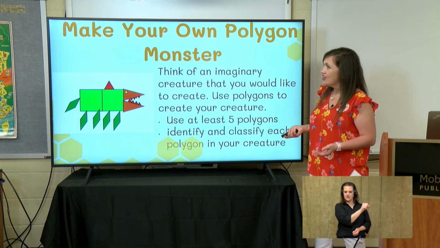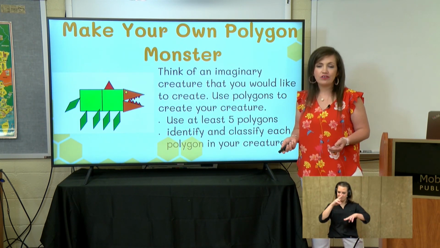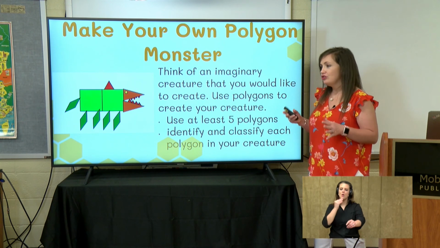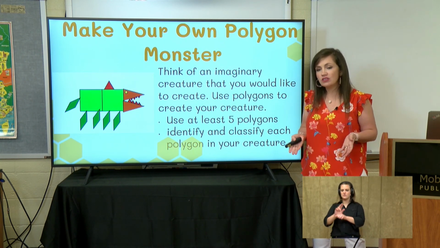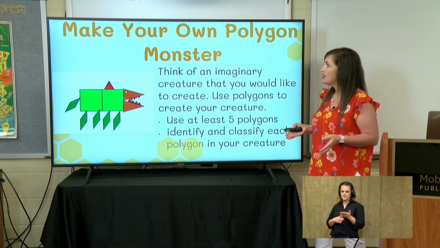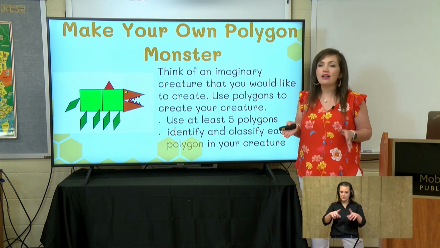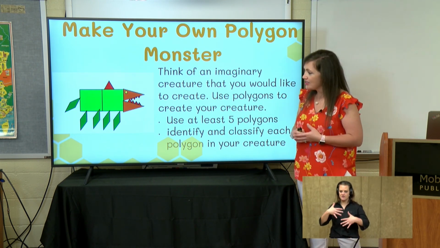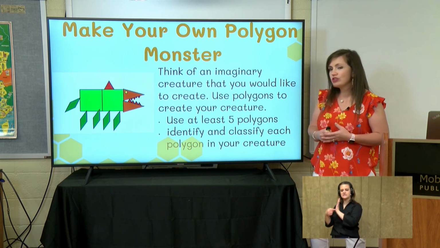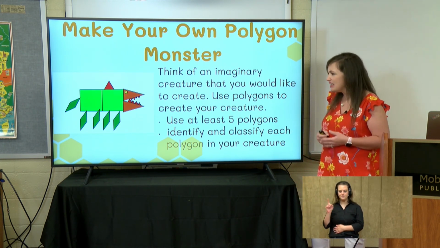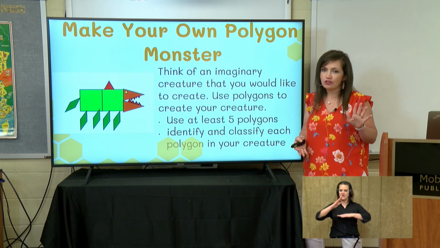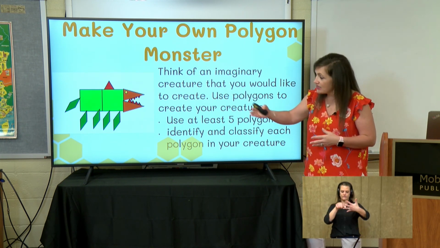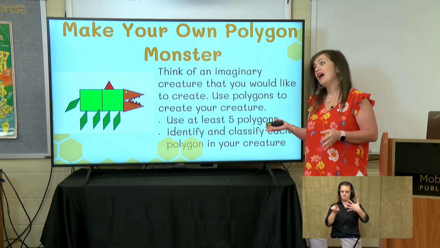All right. So I have a fun activity for you to try at home, guys, using the figures that we talked about today. I want you to make your own polygon monster or creature. You can look at this example. So what I want you to do is use at least 5 figures. As you can see, this one used a lot more than 5.